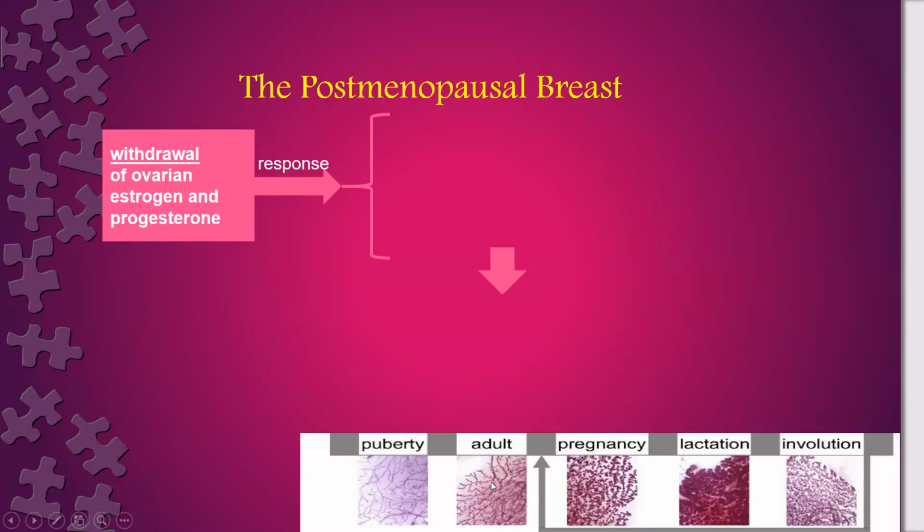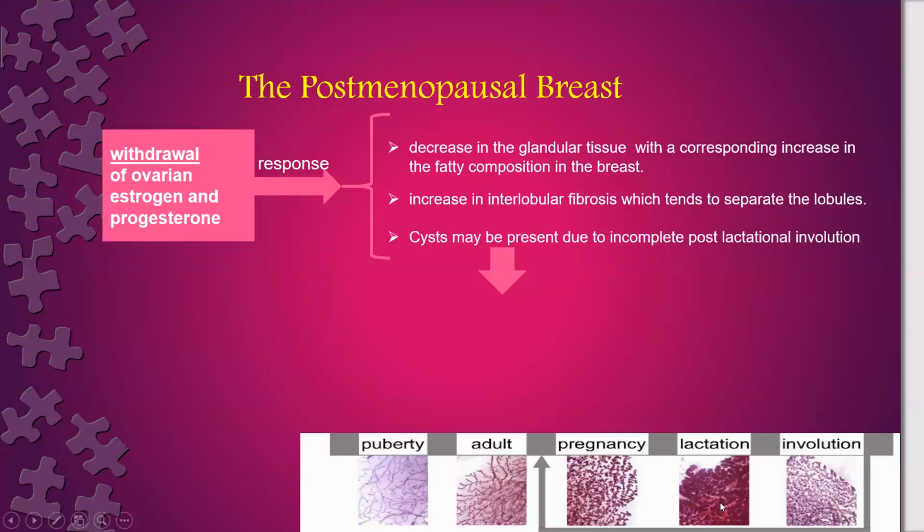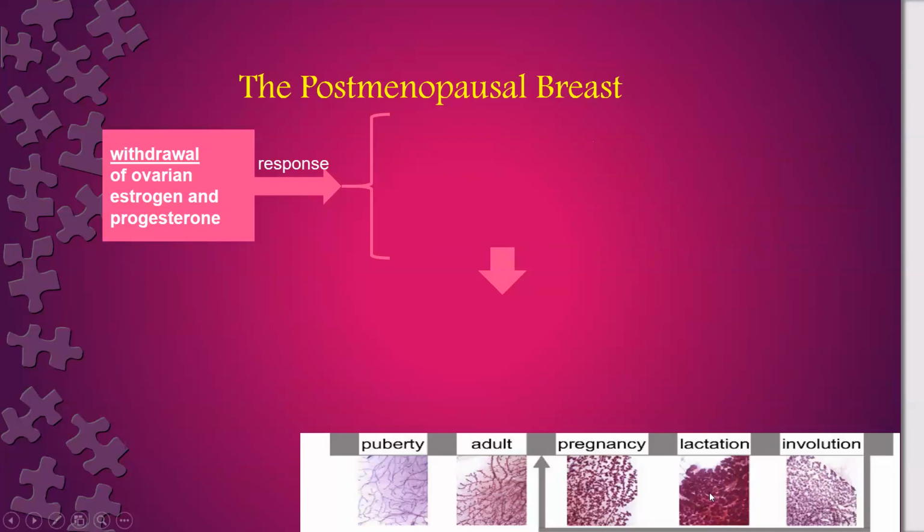These changes occur due to ovarian hormones, estrogen and progesterone. In postmenopause, there is hormone withdrawal. So what is the response to withdrawal of this hormone? It will be the reverse. There will be a reduction, a decrease in the glandular tissue. The glandular tissue will decrease.